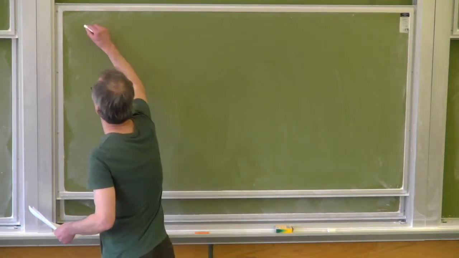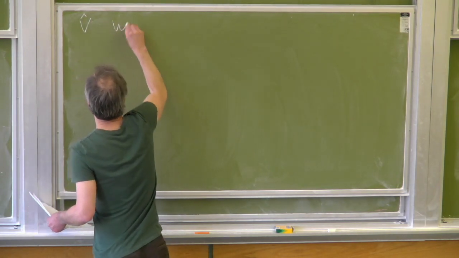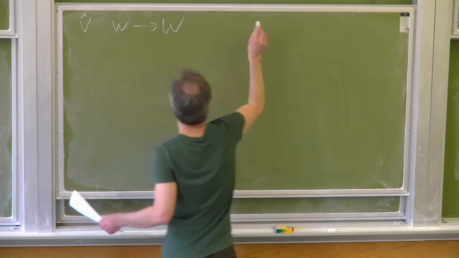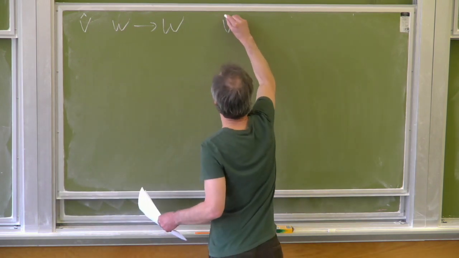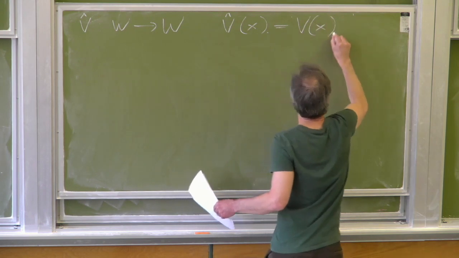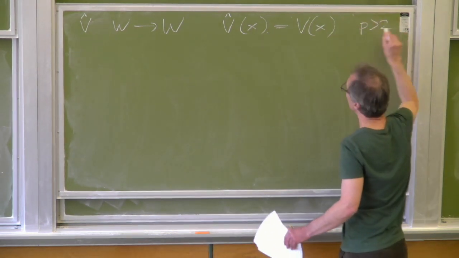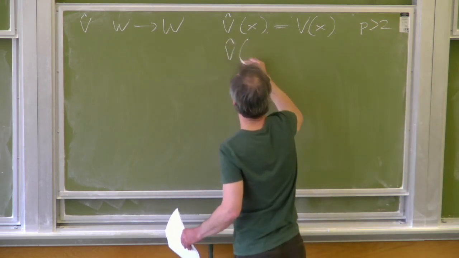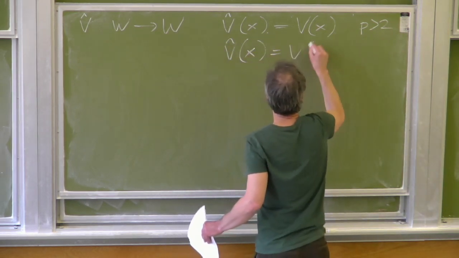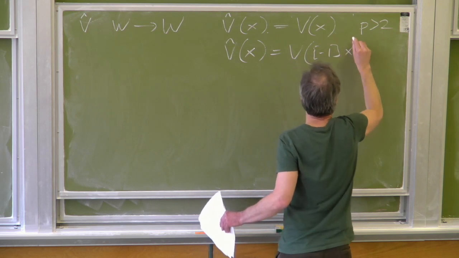Namely, we introduced p hat, a map from W to itself, by the following formula. That's pseudo Verschiebung when p is greater than 2, and p hat of x is equal to V of Teichmüller of -1 times x when p is 2.